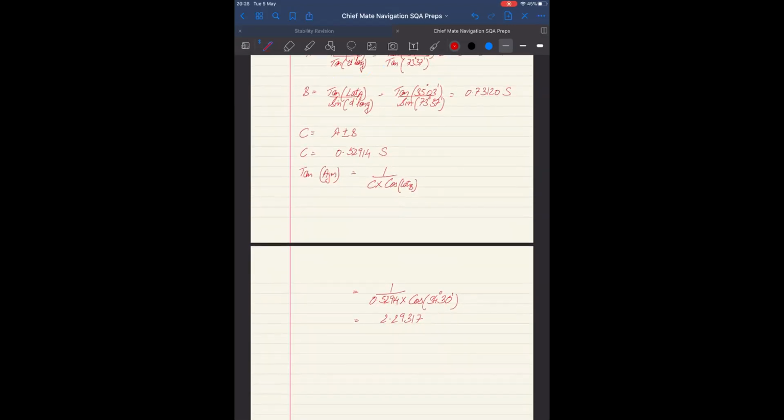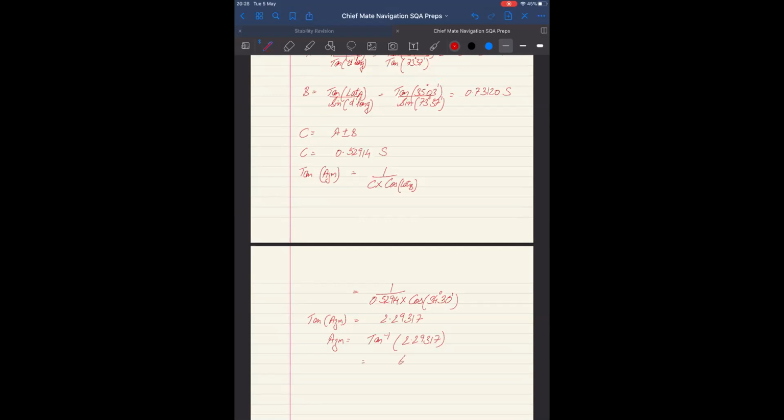So we'll now do tan of azimuth. So azimuth is equal to tan inverse of 2.29317. I'll just inverse the values.